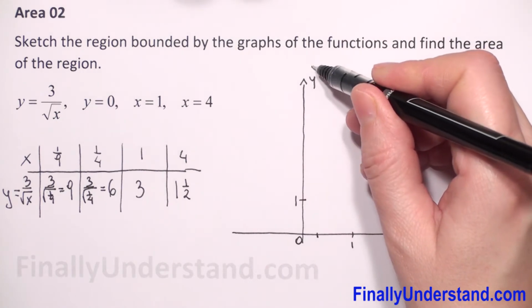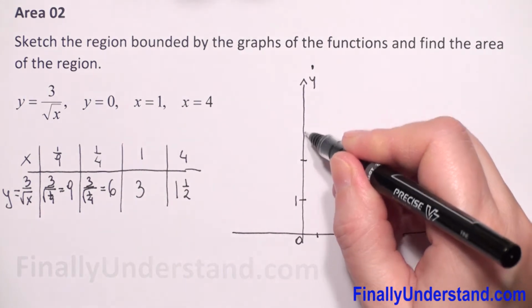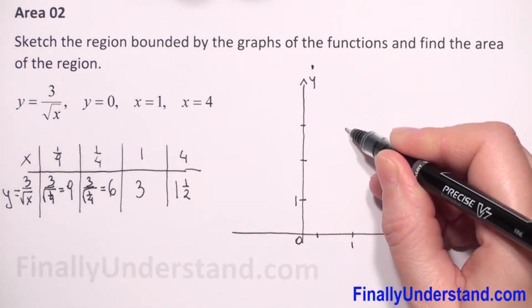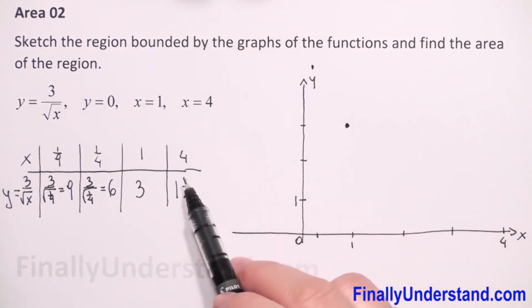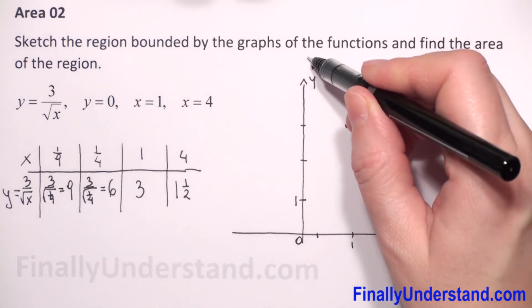So let's put this here. For 1, we have value 3. For 4, we have value 1.5. So this is approximately here. And we see when we are going far to positive infinity, our graph goes down and we never pass the x-axis too.